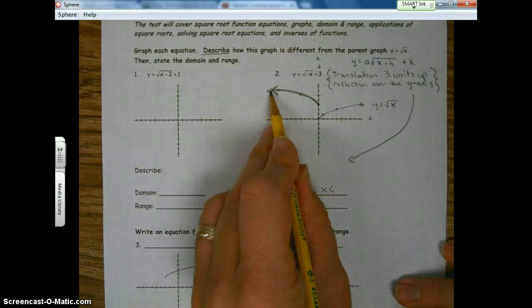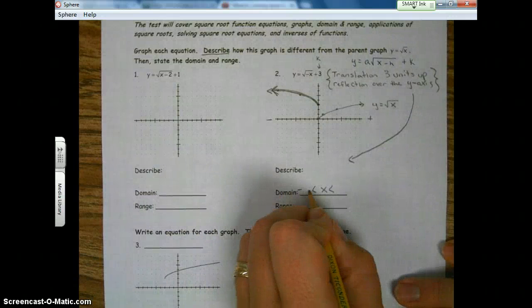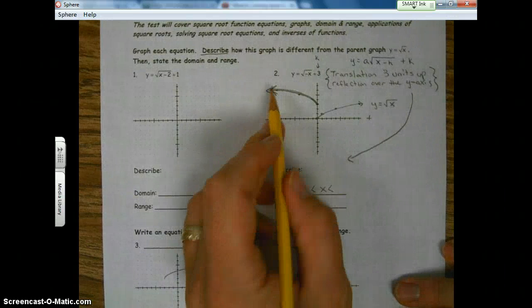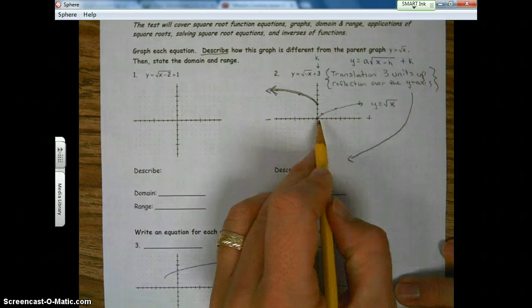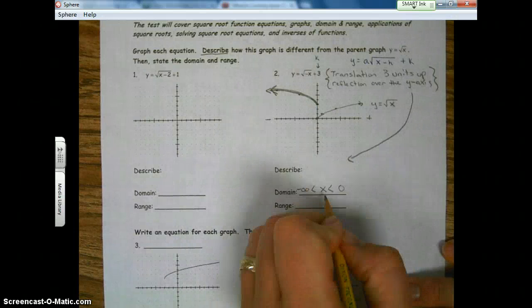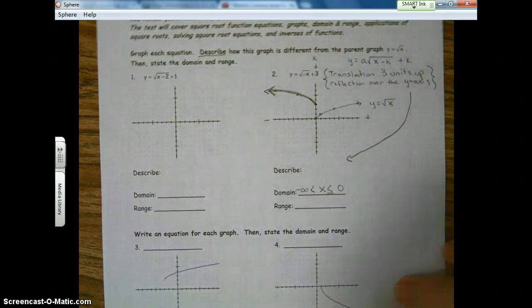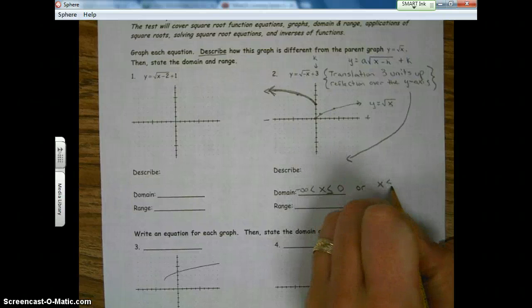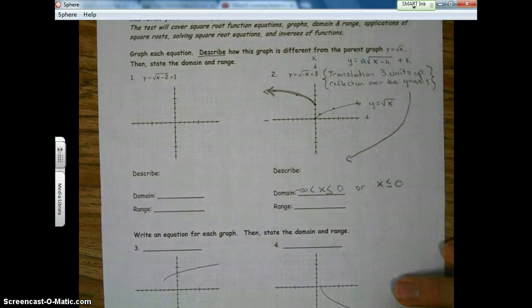So on the left, we have an arrow. So we're going to negative infinity on the left, and on the right, we're at 0. And that's a closed dot. Or you could just say that x is less than or equal to 0. Either way, whichever one makes the most sense to you.